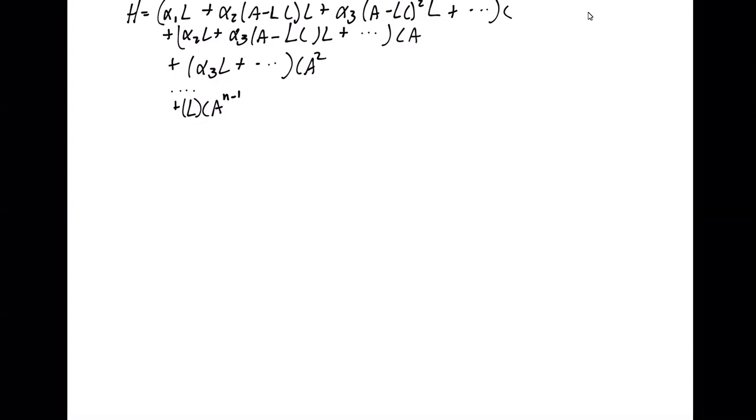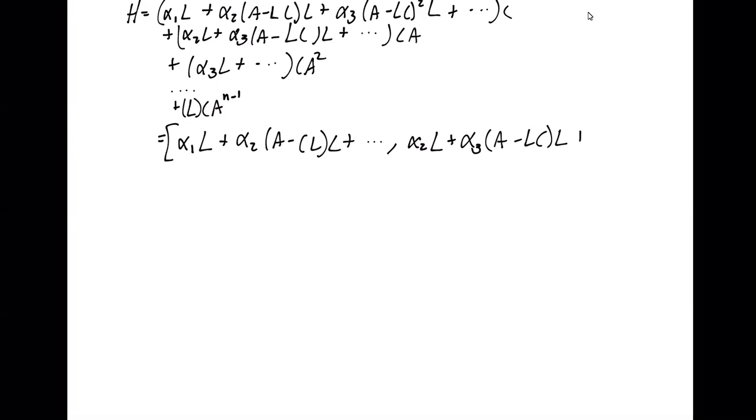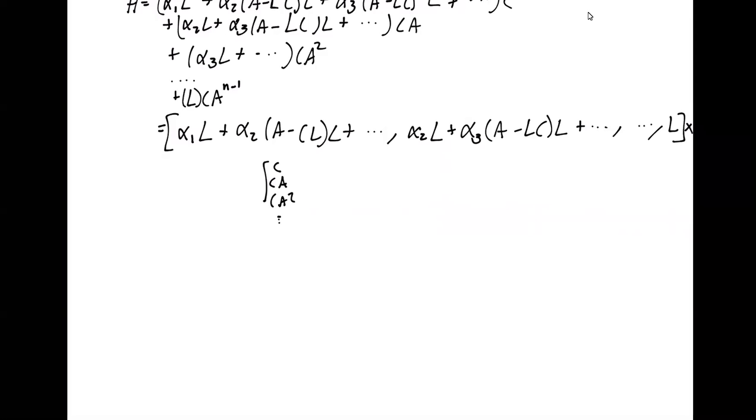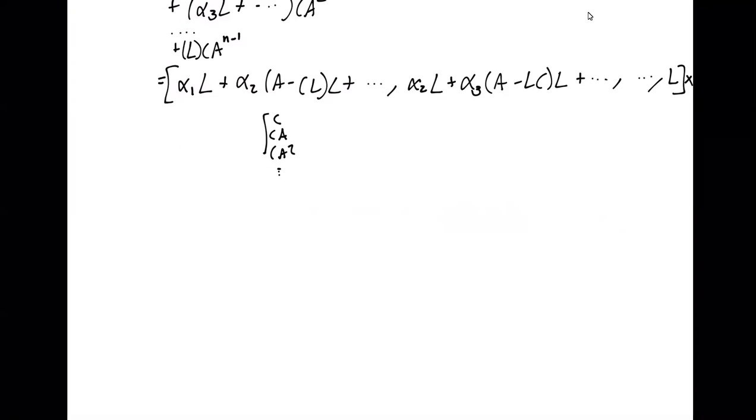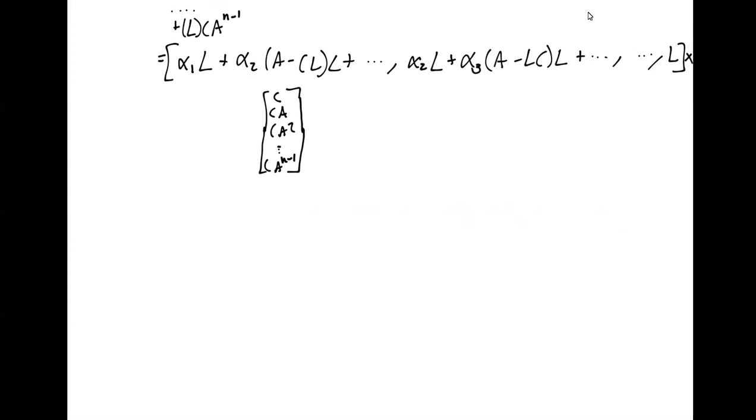So then this will be equal to alpha 1 L plus alpha 2 (A minus CL) times L plus all the way out, comma, alpha 2 L plus alpha 3 (A minus LC) times L plus, comma, times L, and then this guy times this matrix, which you've seen before, CA squared down to CA to the n minus 1. Neat.